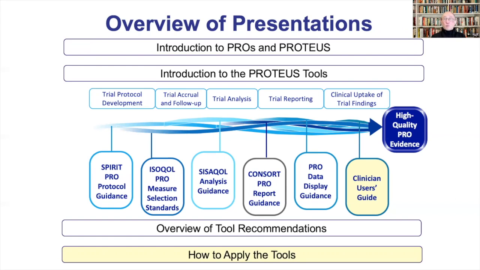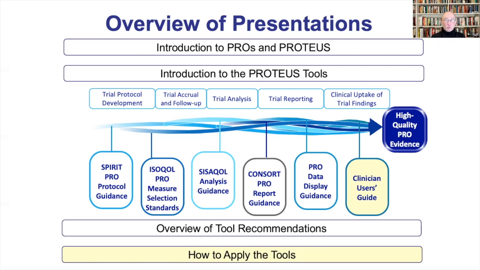For those looking for more detail, there are 2 sets of presentations that provide an overview of the recommendations for each of the 6 core Proteus tools. The first set is meant to provide sufficient information for someone who might be reviewing a paper that uses PROs, but not necessarily applying the recommendations themselves in practice.